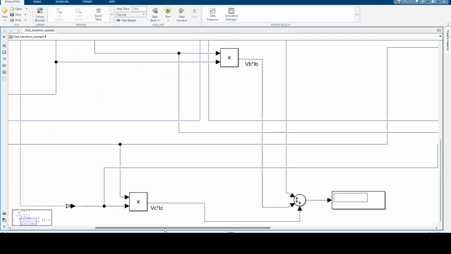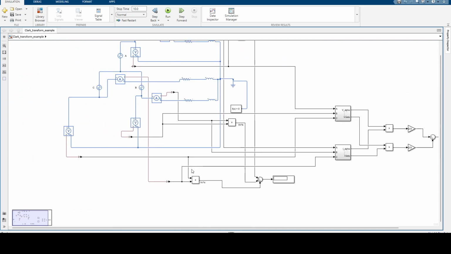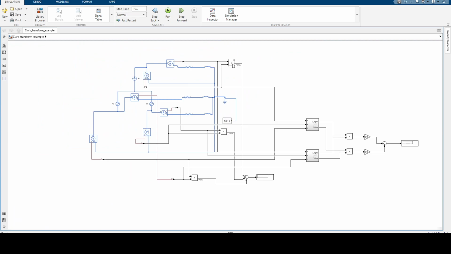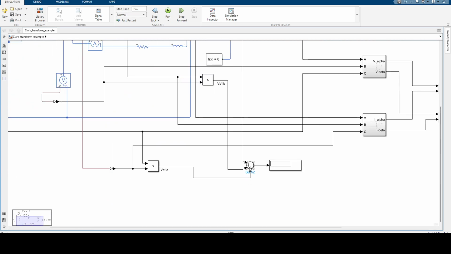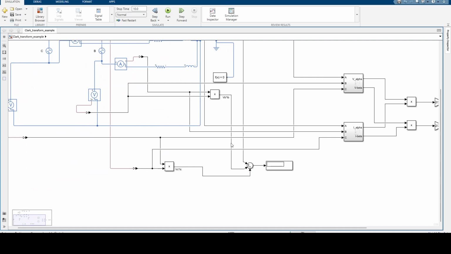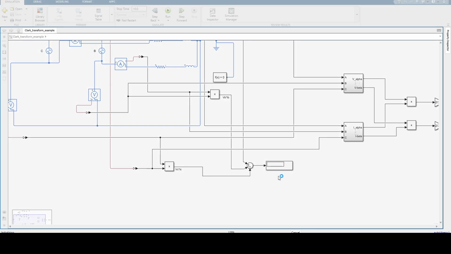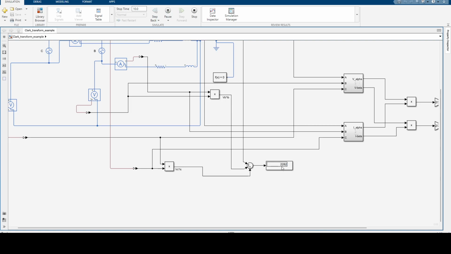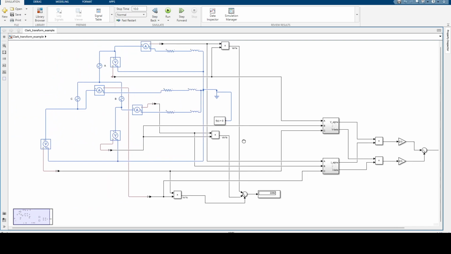When we multiply these three and just sum that up, that's going to give us power. So I'm going to write it here. And sure enough, we have our 2.3 kilowatts of power.